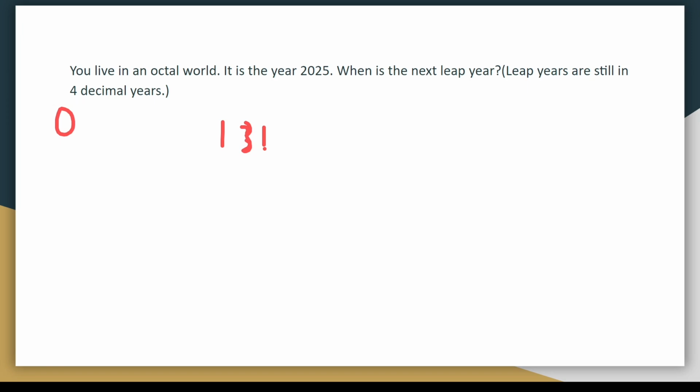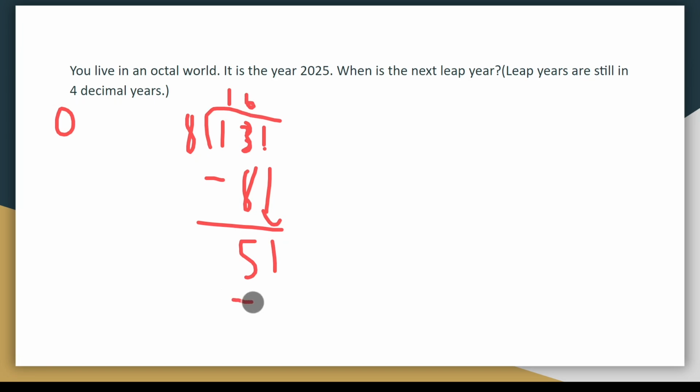And now again, we divide it by 8. Again, we're just using normal long division. It's very simple. And now R2 is 3, and our quotient is 16.